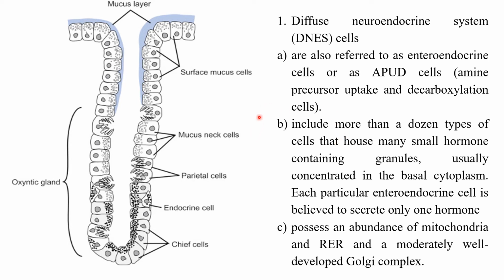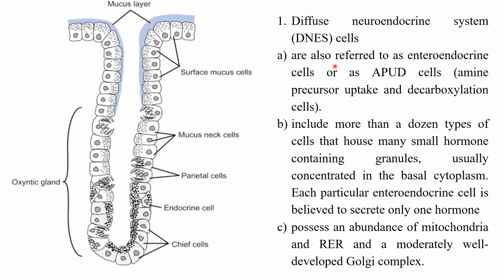Along with this, there is the diffuse neuroendocrine system. These cells are called DNES cells. You can see here small cells which are situated at the base of these glands. Okay, small triangular shaped cells here. Simply they are referred to as endocrine cells.